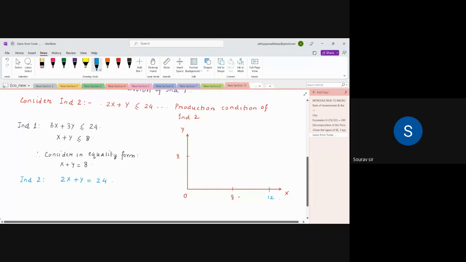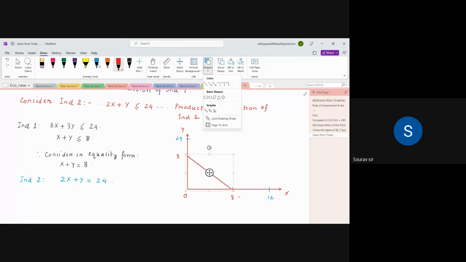And what is the y coordinate here? 24. So if you join these two lines, this is for individual 1 and this is for individual 2.